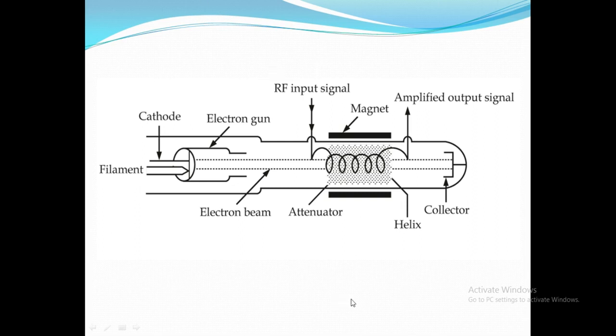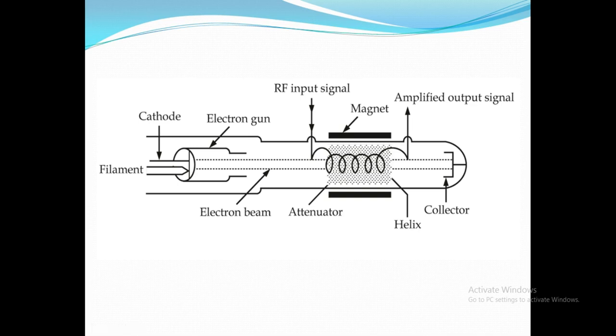Coming to the operation, whenever the electron gun produces the electron beam, it travels through the center of the helix without touching the helix. When the applied RF signal propagates around the turns of the helix, it produces an electric field at the center of the helix.